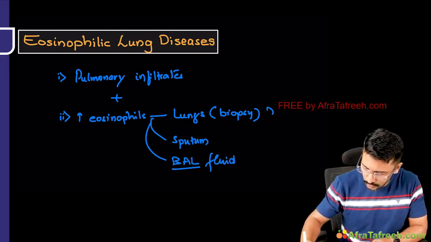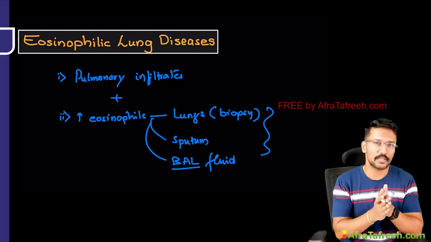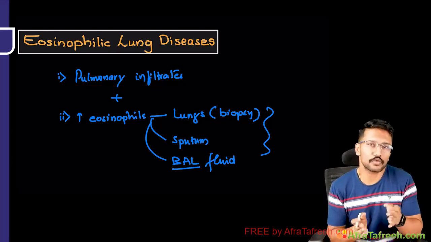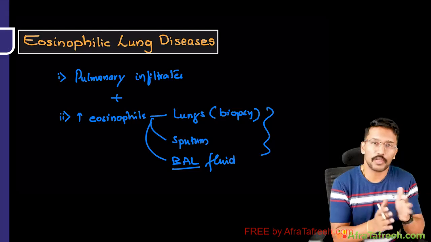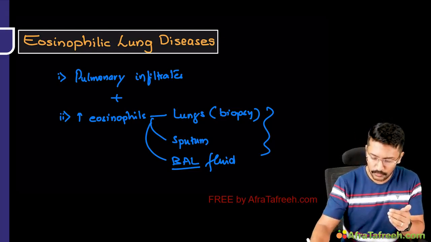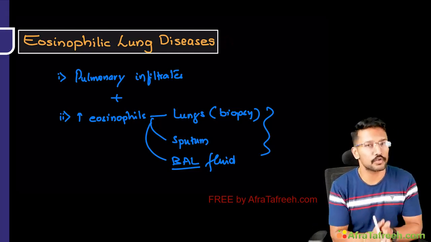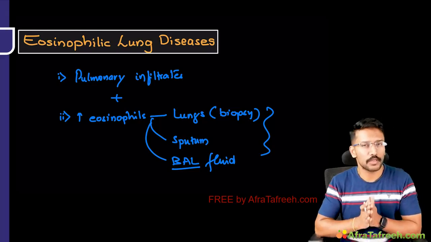Okay, so one of these three locations shows elevated eosinophils and there are pulmonary infiltrates present. Such a disorder will be called an eosinophilic lung disorder. Now, these disorders may or may not be associated with peripheral blood eosinophilia. So, there are some subsets of eosinophilic lung diseases where there is no peripheral blood eosinophilia, but the majority of the patients do have peripheral blood eosinophilia.